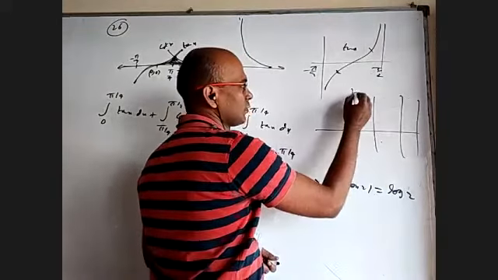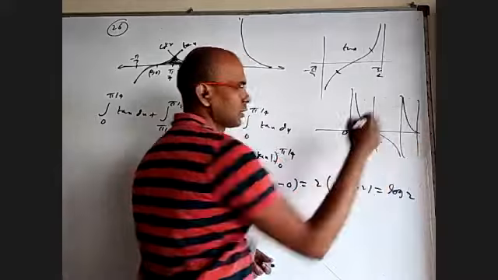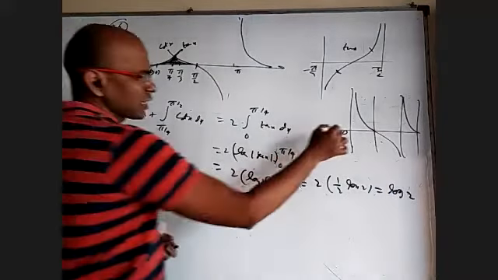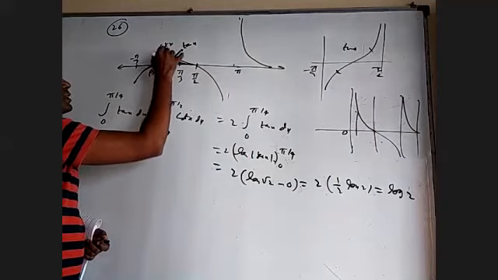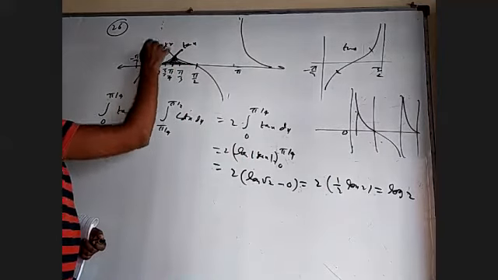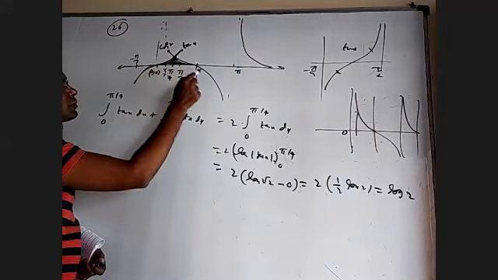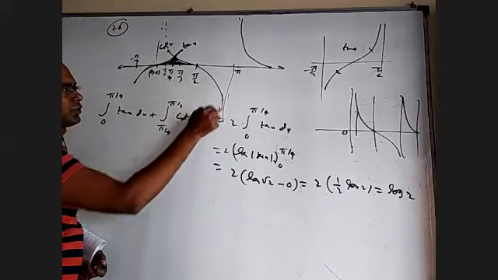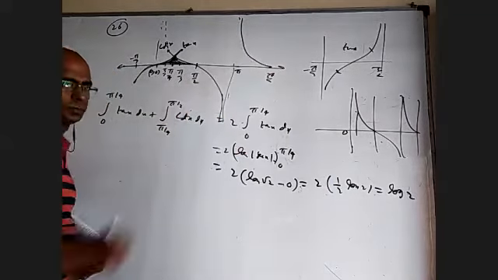If we take first quadrant, it is this, second quadrant like this, third quadrant like this. But they did not start at 0, they started at pi by 6. So starting with pi by 6, it will be the graph. At pi, it will tend to infinity downward. And between pi to 3 pi by 2, this is the graph.